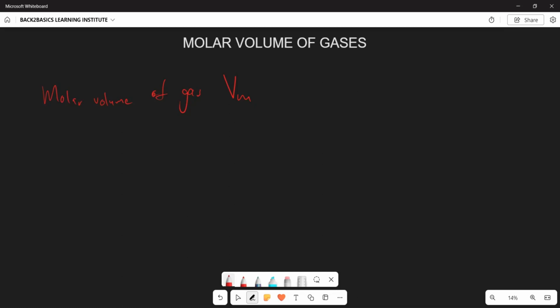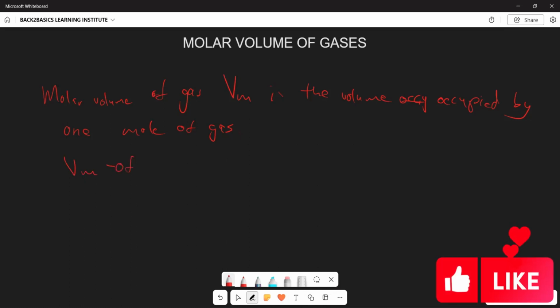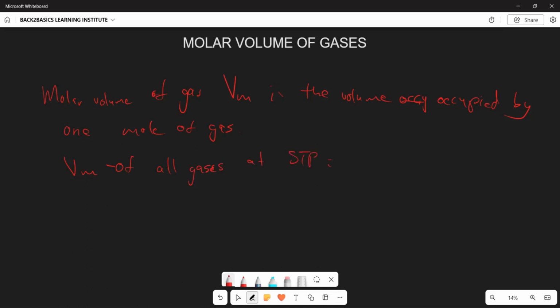And Vm, which is your molar volume of all gases at STP, is going to be 22.4 decimeter cube. That is going to be the volume of all of them.